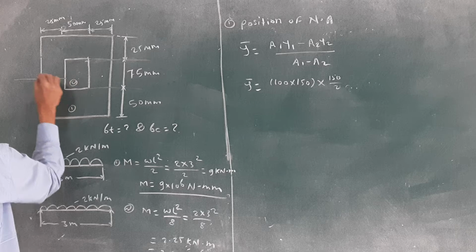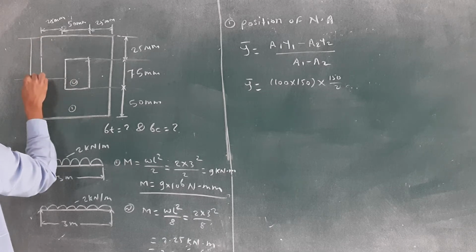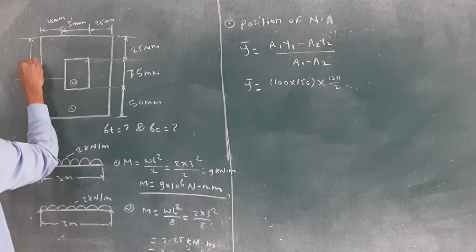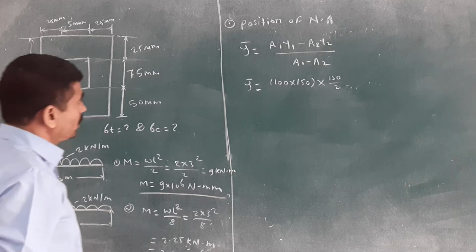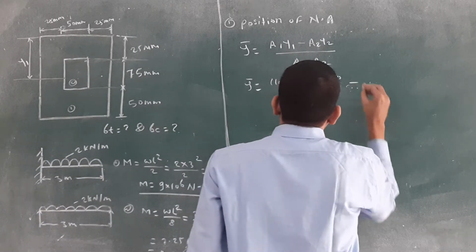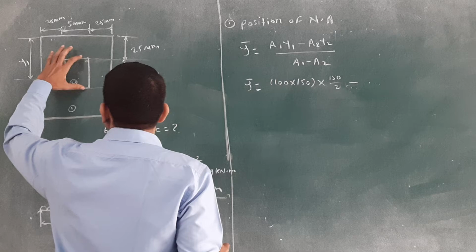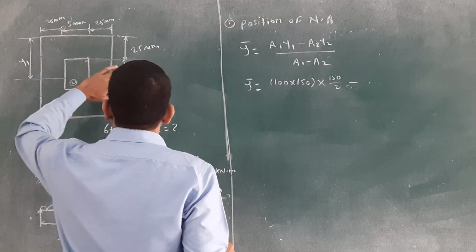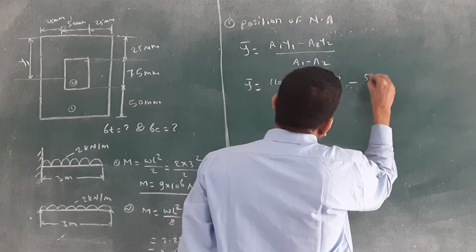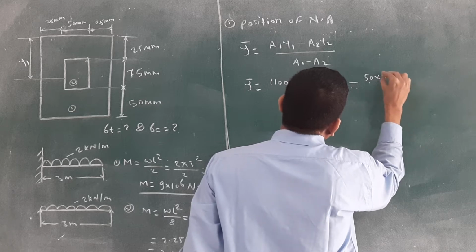Suppose here you will get the y1. I will draw it here, y1. Then minus area 2. What is the area of the small rectangle? This is 50 by 75.